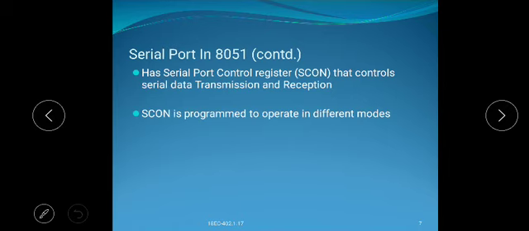It has the serial port control register, SCON, that controls the serial data transmission and reception. SCON is programmed to operate in different modes.